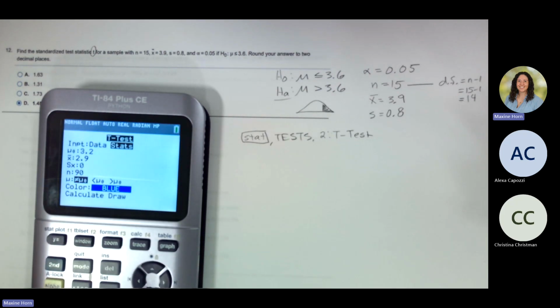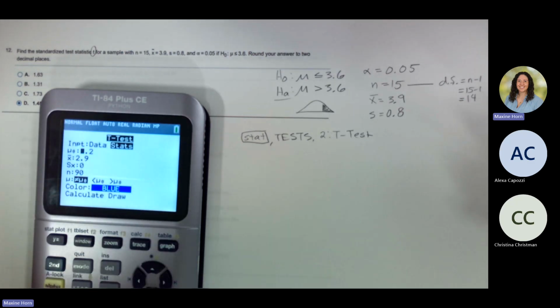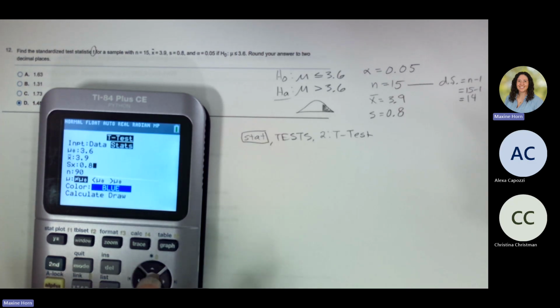So we're going to plug in what we've got. The number associated with our null hypothesis is 3.6. Our sample mean was 3.9. Our sample standard deviation was 0.8. Our sample size is 15. And the alternative hypothesis was a greater than symbol here.